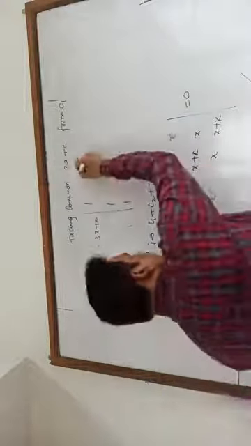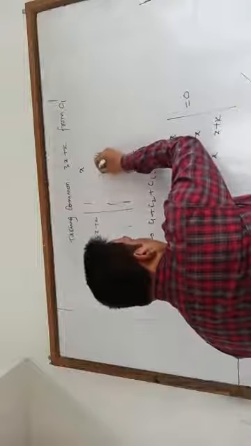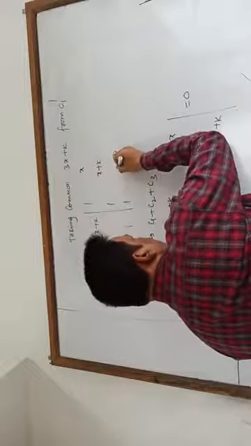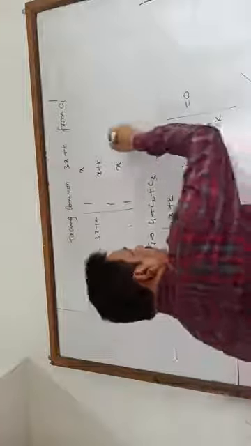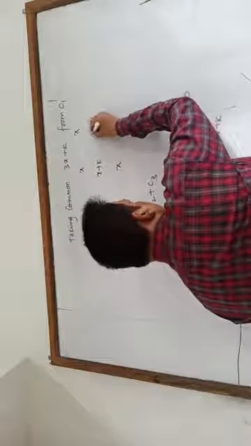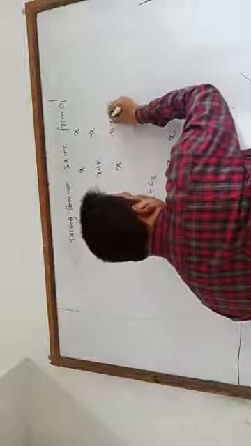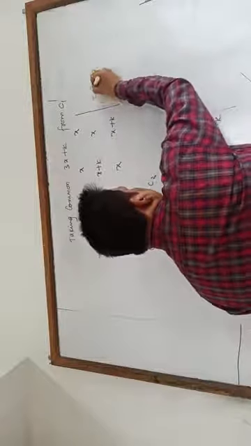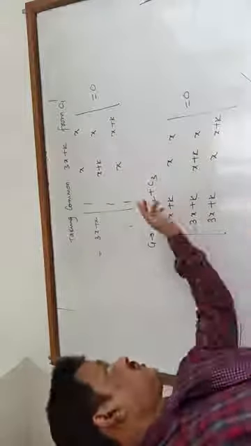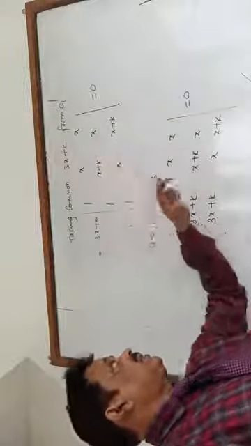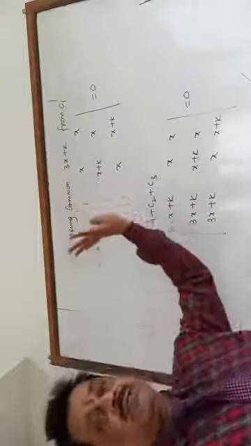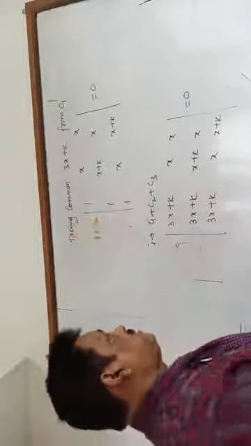Then x plus k, x, then x, x plus k, equals 0. Also I told you, try to make as many zeros as possible. How to make as many zeros here?